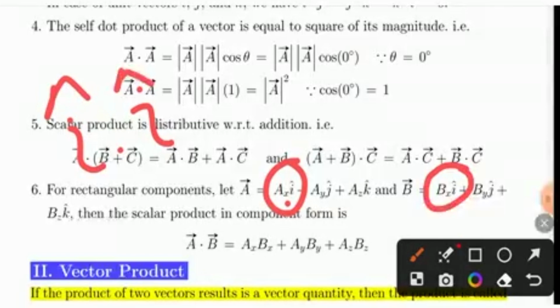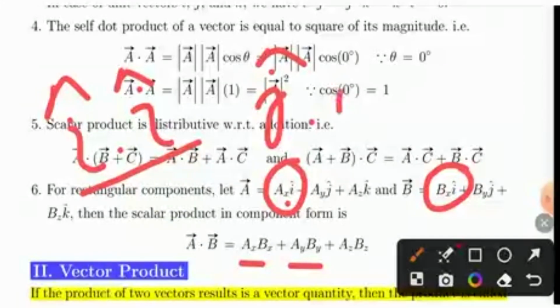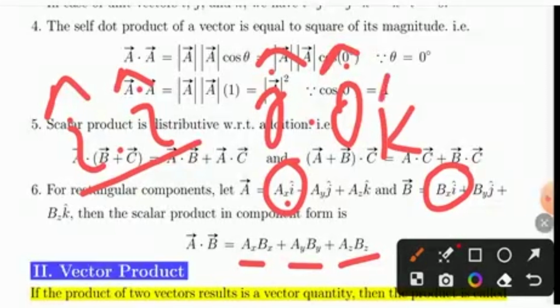So we will retain the similar unit vectors. Here the first component is AxBx, because it is the dot product between the two unit vectors i dot i, and the second component is AyBy, because it is the dot product among the unit vectors j dot j. And the third component is AzBz, because it is the dot product among the two unit vectors k dot k. Whereas the rest of the products i dot j, j dot k, k dot i become equal to 0.